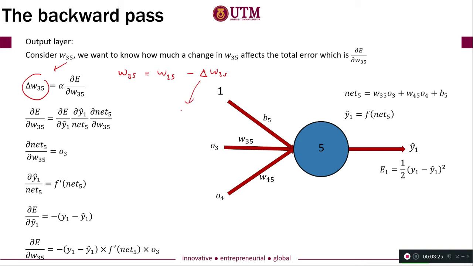Here this is equal to alpha, which is your learning rate, times the change of the error function, which is also known as your gradient. So that is why they call this process gradient descent.